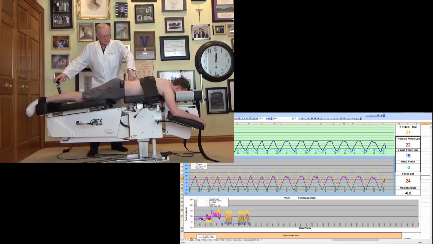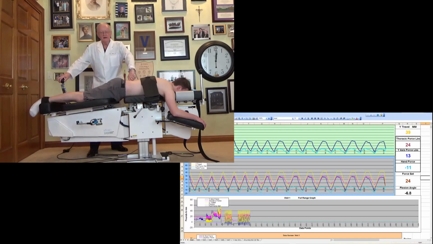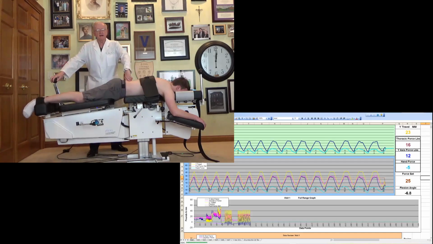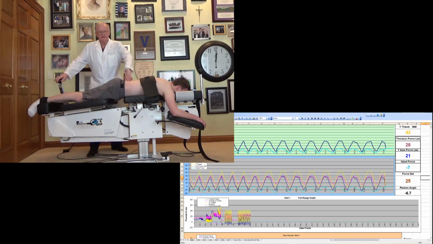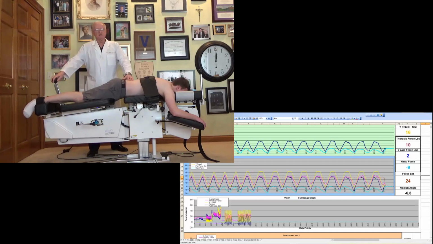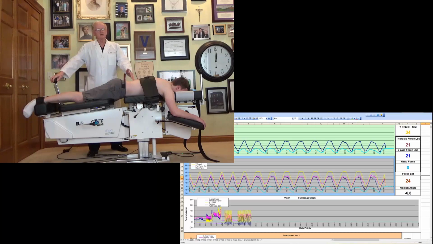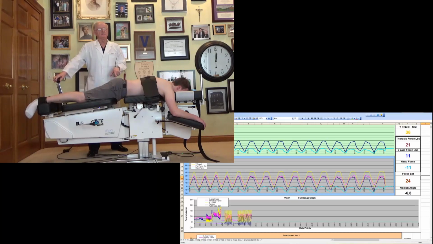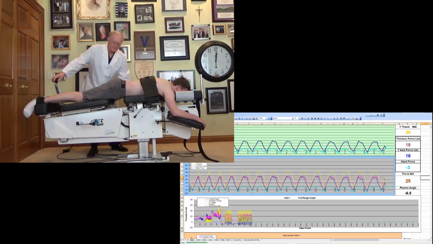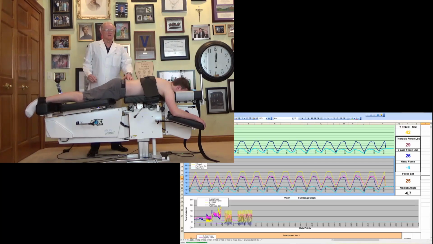So we will have the ability, either manually or under automated distraction and careful tolerance testing, to apply long Y-axis distraction, physiological range of motion that we call Protocol 2 in a non-radicular patient for the treatment of degenerative disc disease.